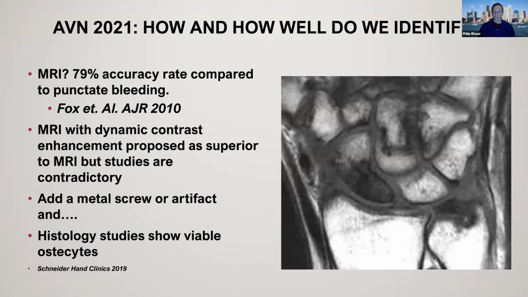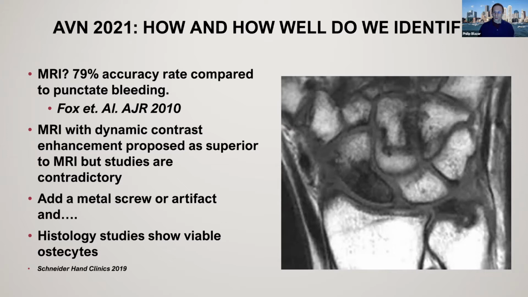However, the numbers comparing it to punctate bleeding as the gold standard are not all that great, and the accuracy rate is only around 80% in most of the literature. MRI, including dynamic contrast enhancement, has been proposed as superior to MRI without contrast, but the currently published studies are actually contradictory with each other in terms of if this is really distinctly superior.